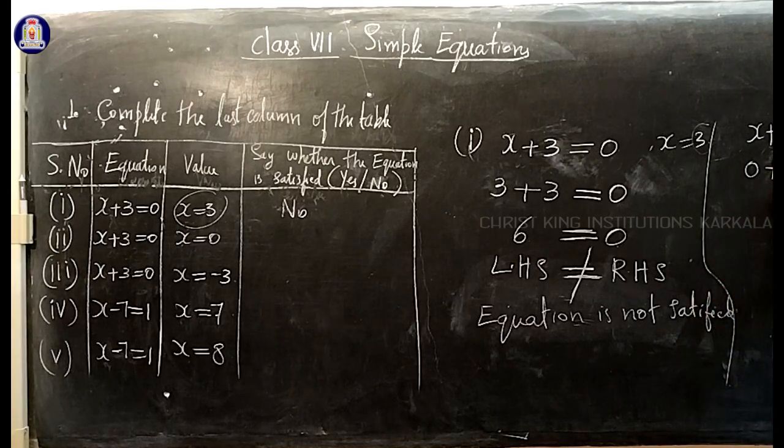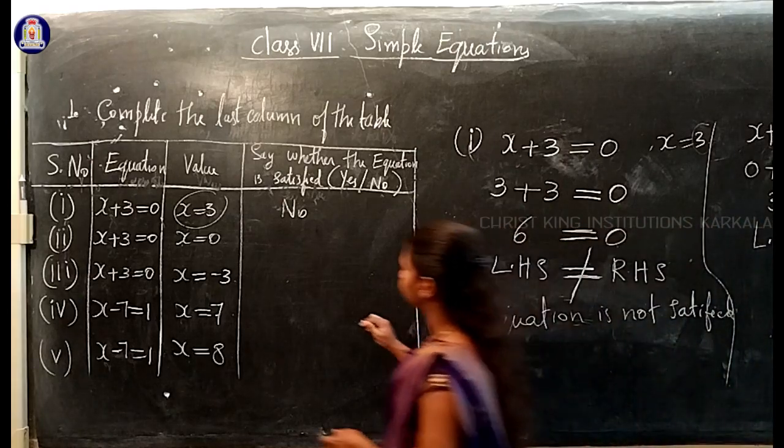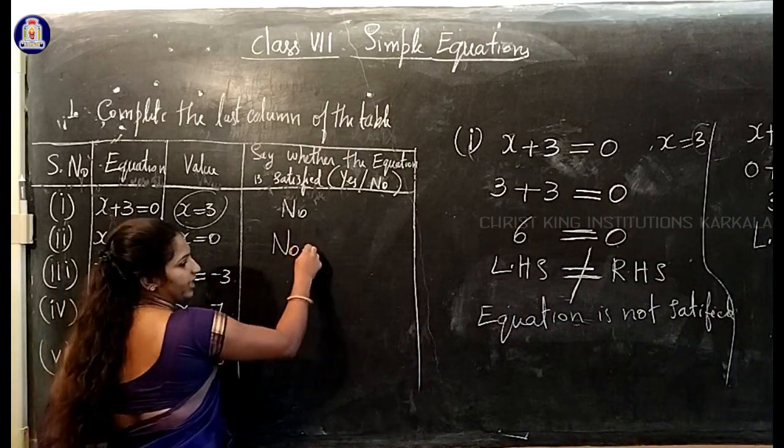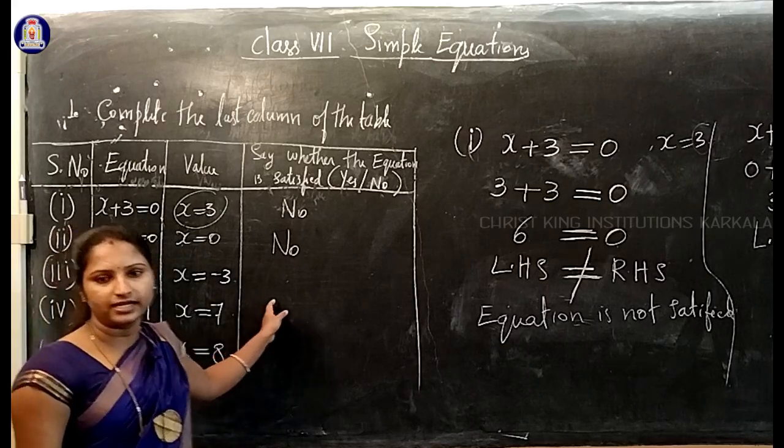So 0 plus 3 is 3, which is equal to 0. Is this equation satisfied if you write x is equal to 0? No, this equation is not satisfied because the LHS answer is not equal to the RHS. So this is also not satisfied. Clear?